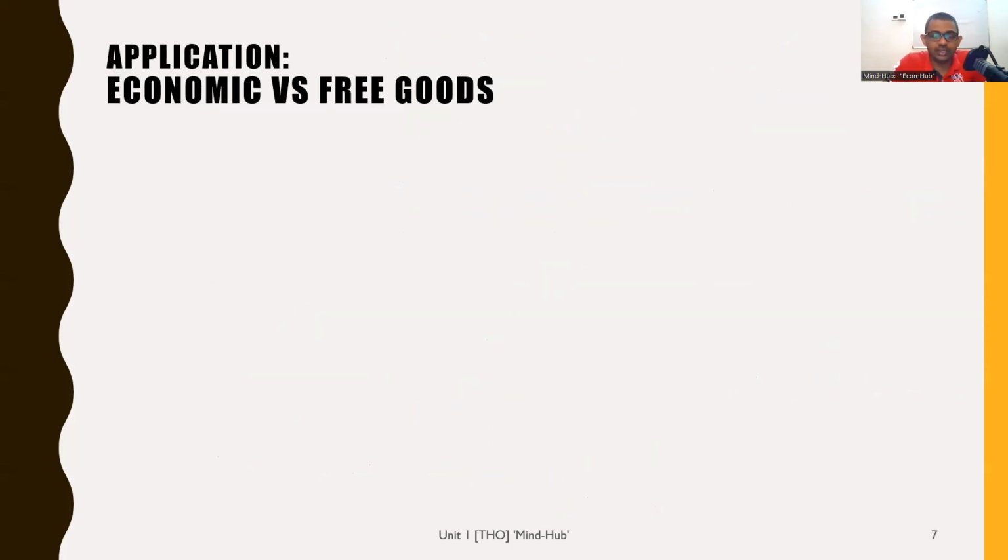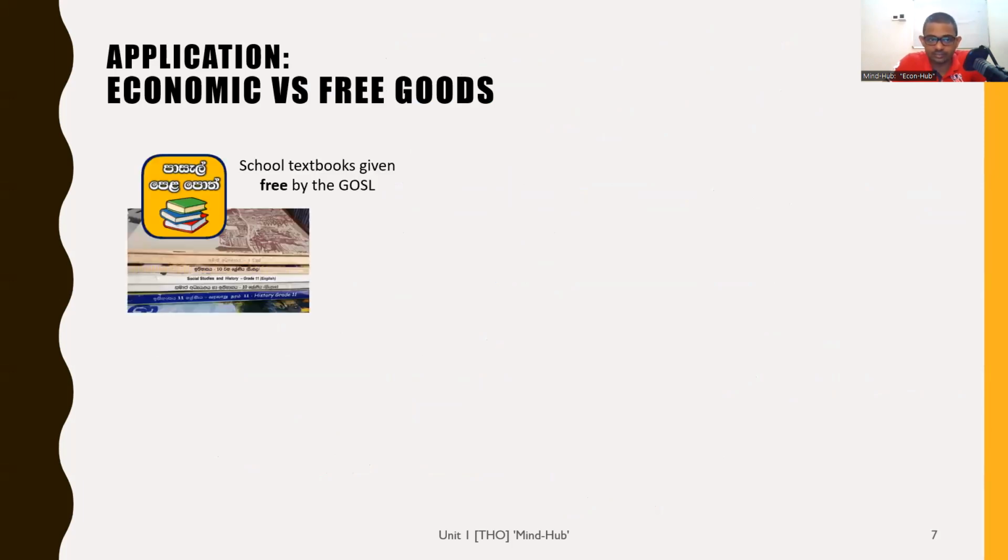Okay, application. I want you to say whether they are economic goods or free goods. School textbooks given free by the government, GOSL, meaning Government of Sri Lanka. What do you think? Economic or free? Quickly. I want every single person in the session to respond. Either say economic or say free.